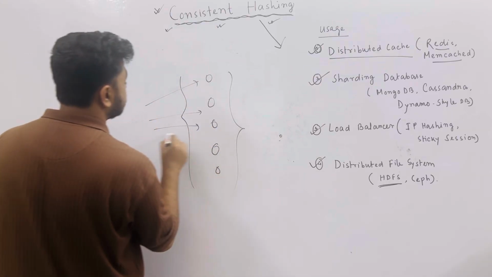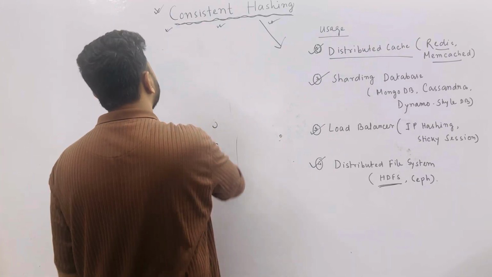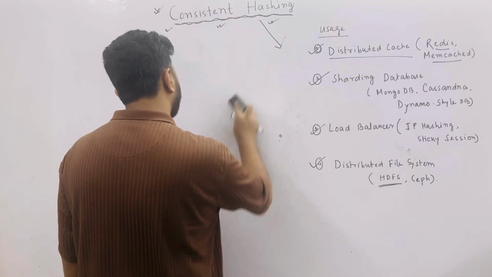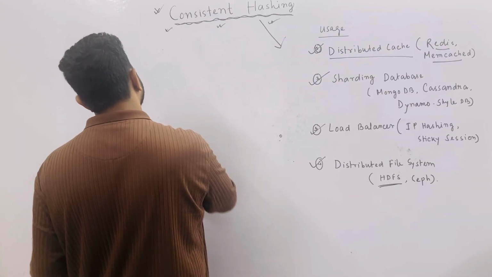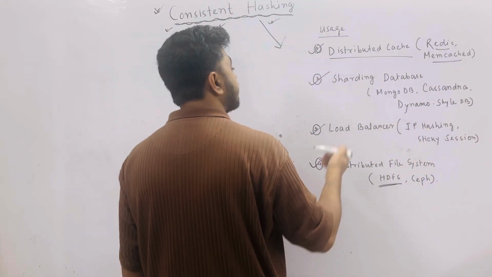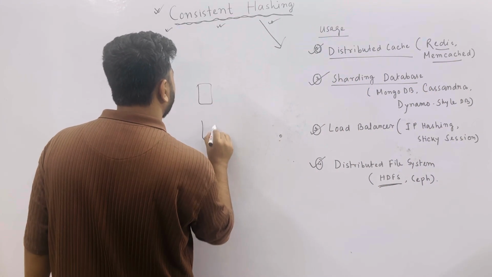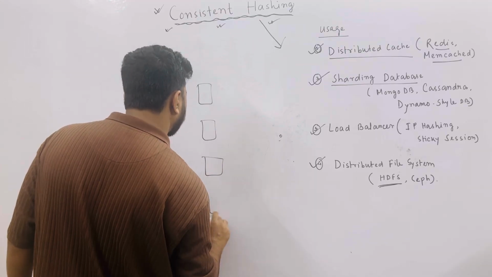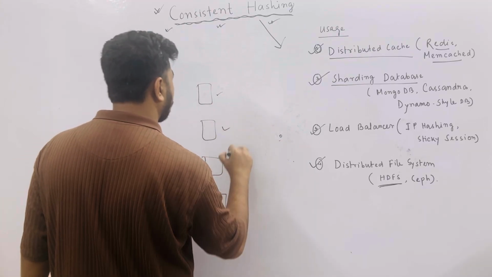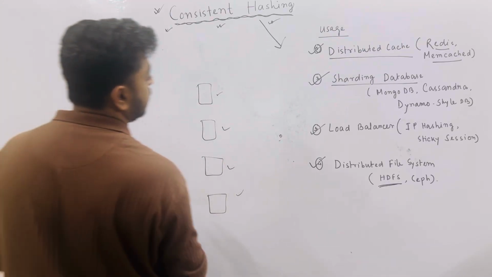If you see the usage, there are distributed caches and distributed file systems, because every distributed technology will have multiple nodes. Sharding a database means separating data into multiple nodes, and there they are using the consistent hashing algorithm.